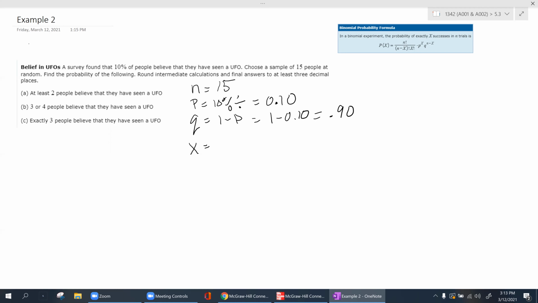So if my sample size is 15, at least 2 means I have to find the probabilities for all of these.